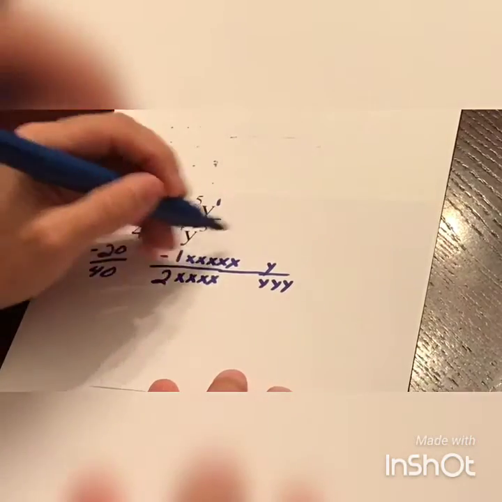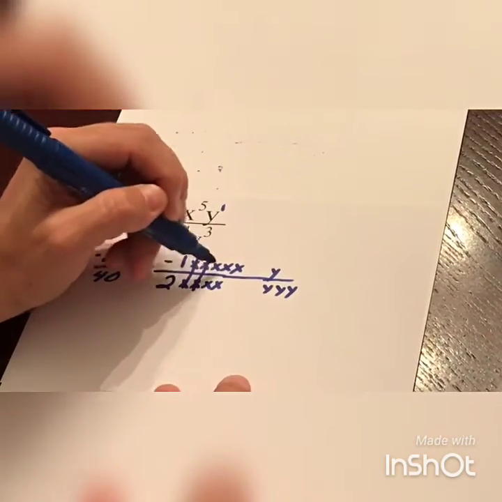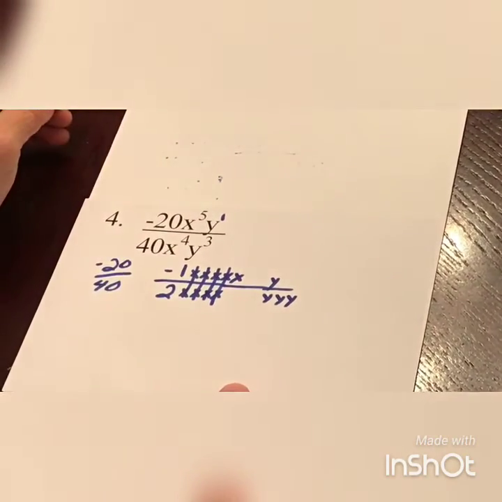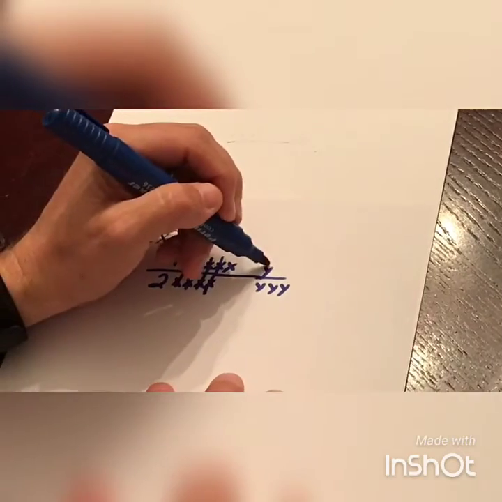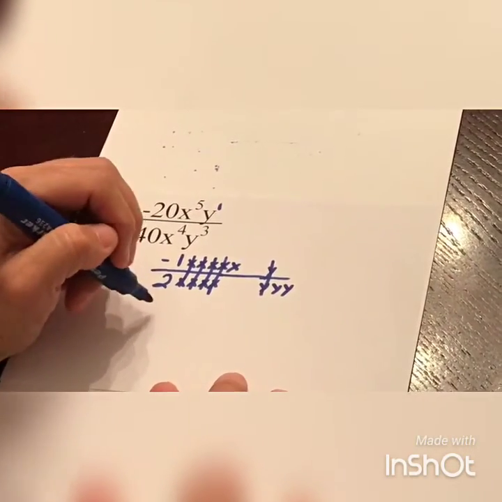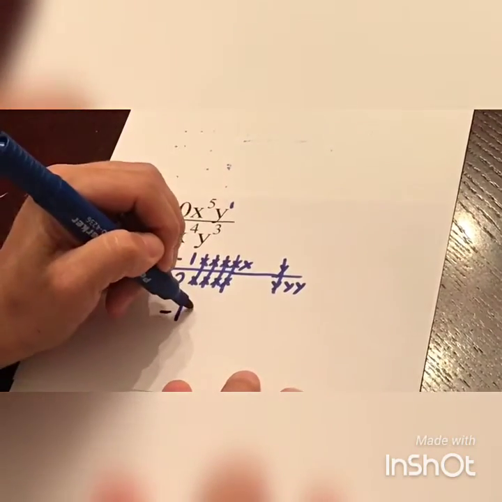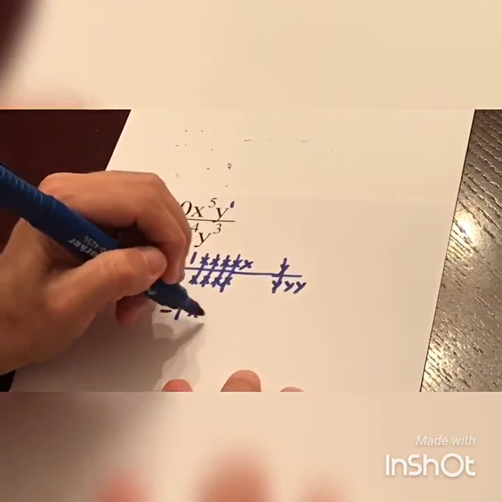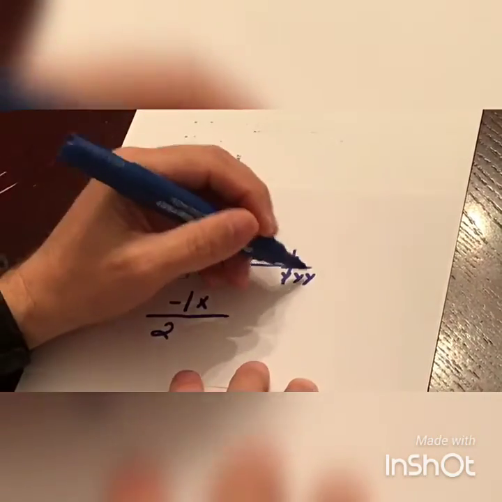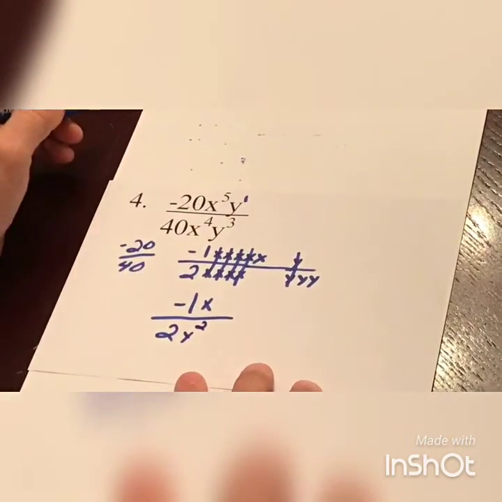And as I now cross off the letters they have in common, those X's pair up and cancel out. Those Y's pair up and cancel out. What I have left over is -1 and just this X, 2, 1, 2 Y's, so Y squared.